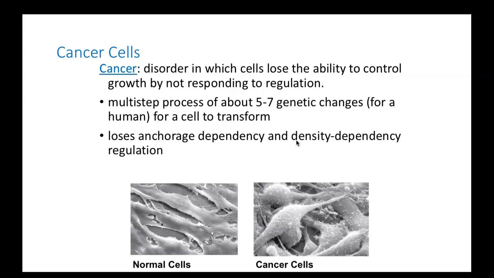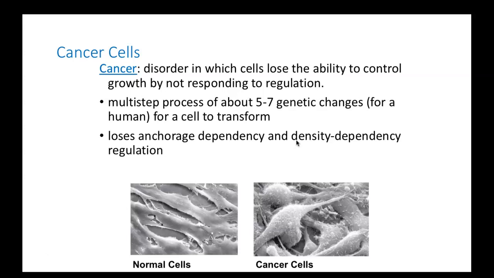And so how does a DNA mutation cause a cell to ignore the signals saying, hey, you're not anchored to anything, you can't divide, or hey, we're too crowded here, you can't divide? So a DNA mutation, DNA codes for proteins, and remember protein folding is very important. If DNA is mutated, the protein ends up misfolded, and therefore the protein can't do its job.